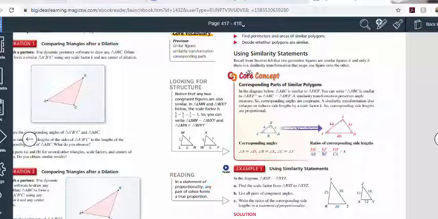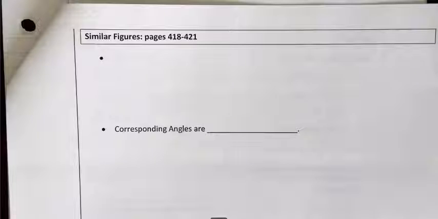And they were different sizes basically because every side had been multiplied by the scale factor. So another key point there then is that ratios of corresponding side lengths are going to be equal, or they're going to form proportions. Okay, so we're going to start with those few things and add those to our notes. So I'm going to head back over here to my notes.